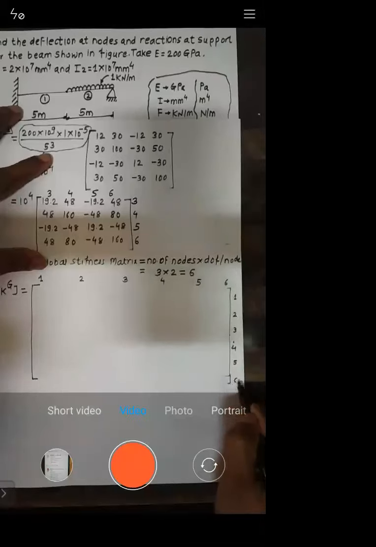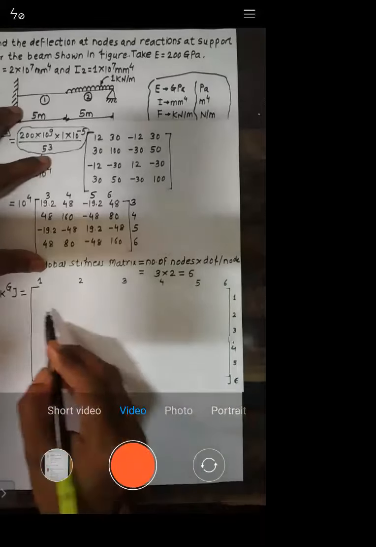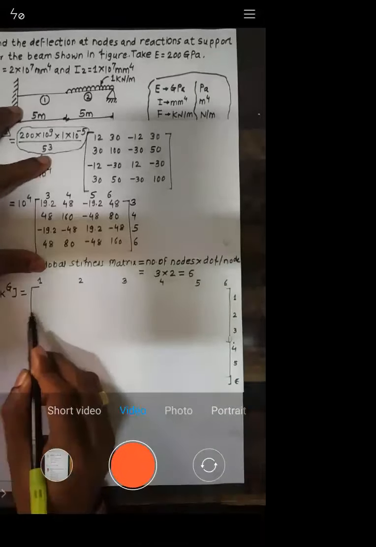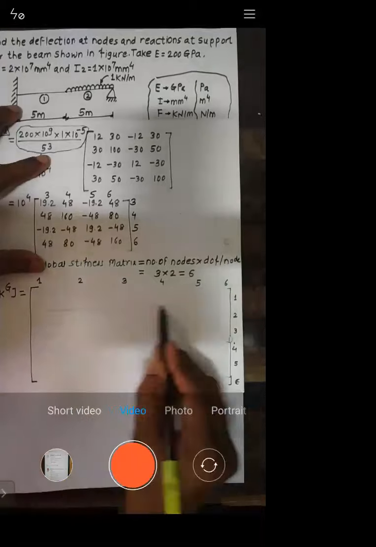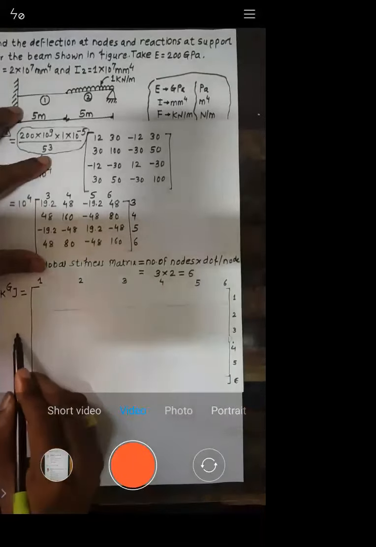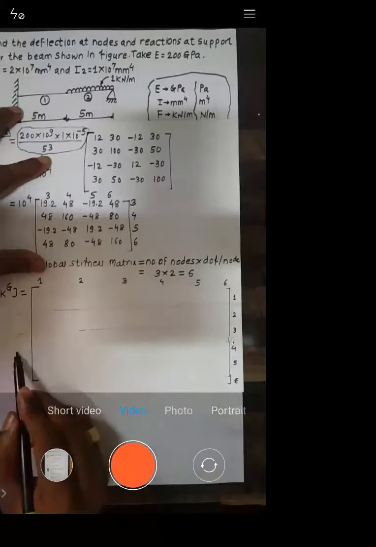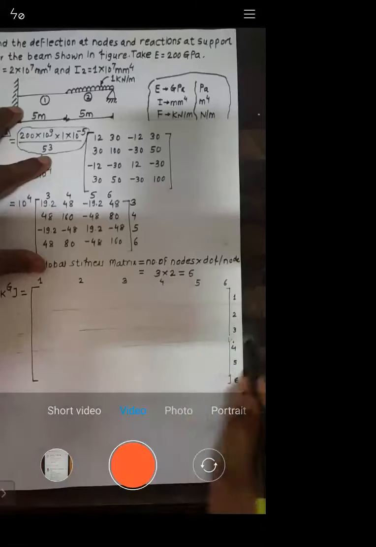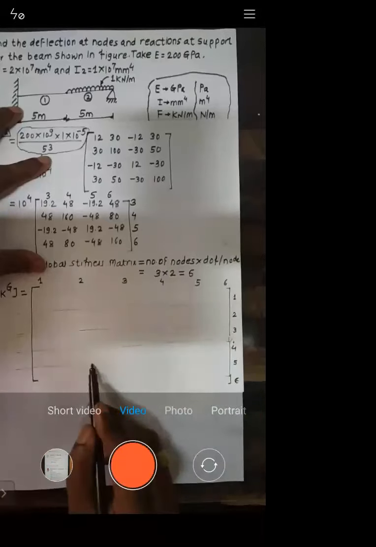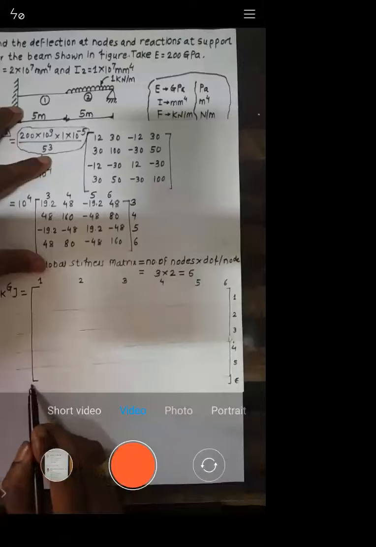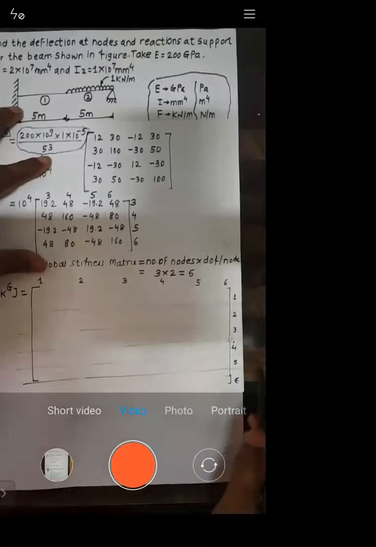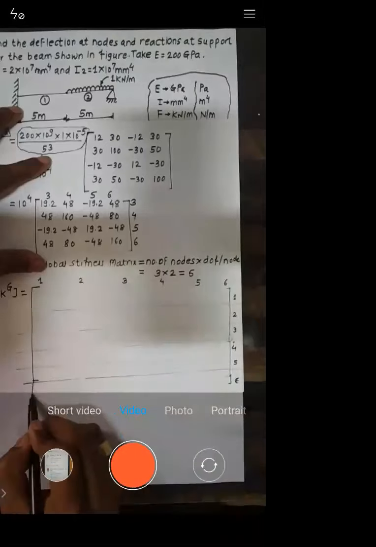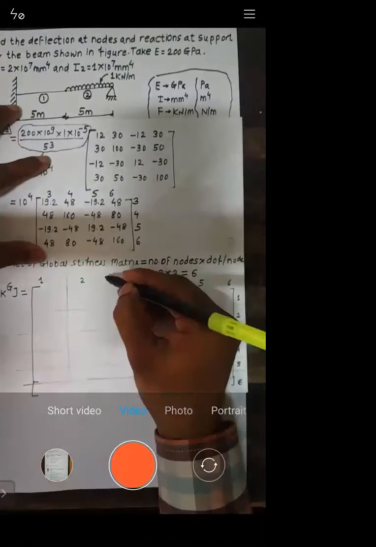So the idea is basically that we need to pick the element stiffness matrices and place those element stiffness matrices into the global stiffness matrix. Every element stiffness matrix you need to pick and place in the global stiffness matrix, right?